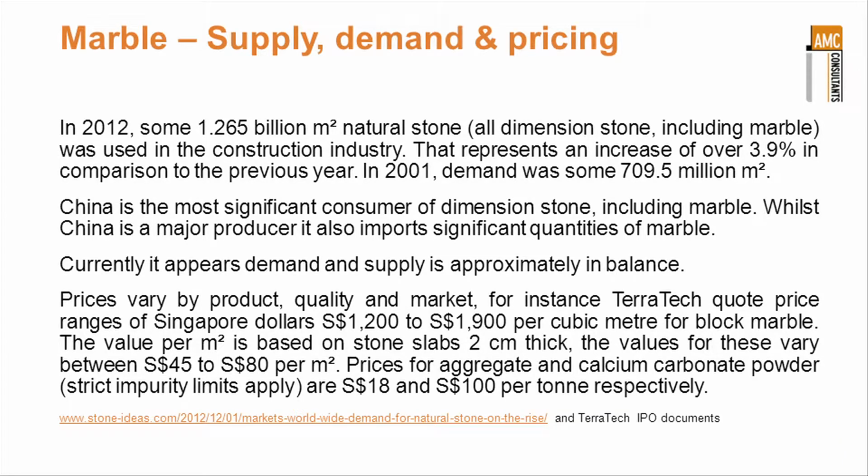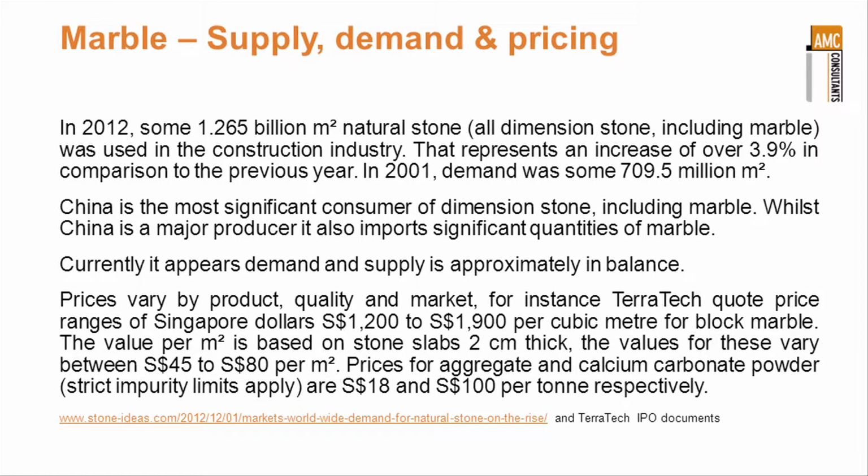But there was 1.3 billion square metres of natural stone, that's the slabs that I was talking about, including marble, used in the construction industry in 2012. And if we look back at 2001, the industry body reports that there were 709 million, so that it's almost doubled in 10 years.